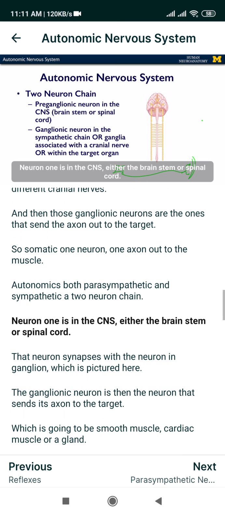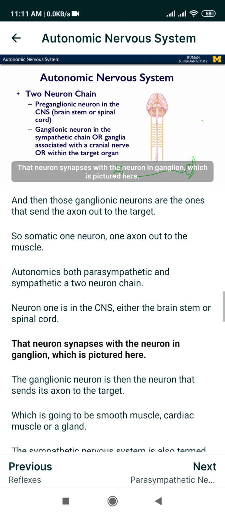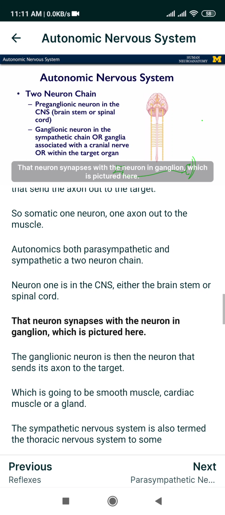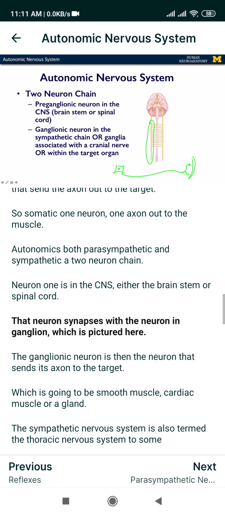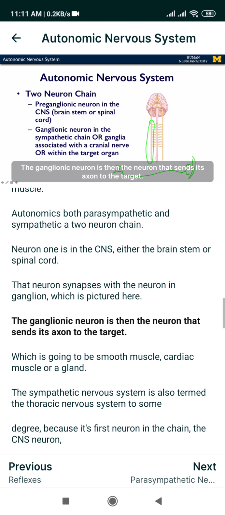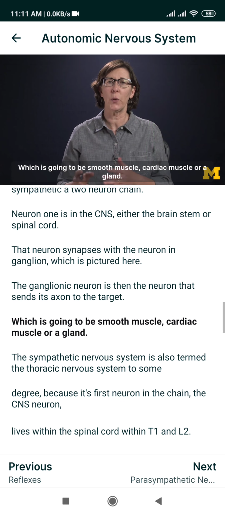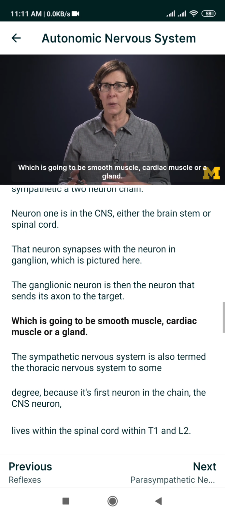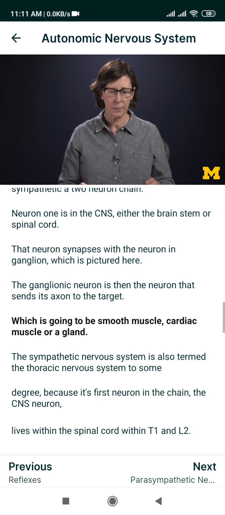Neuron 1 is in the CNS, either the brainstem or spinal cord. That neuron synapses with the neuron in a ganglion, which is pictured here. The ganglionic neuron is then the neuron that sends its axon to the target, which is going to be smooth muscle, cardiac muscle, or a gland.